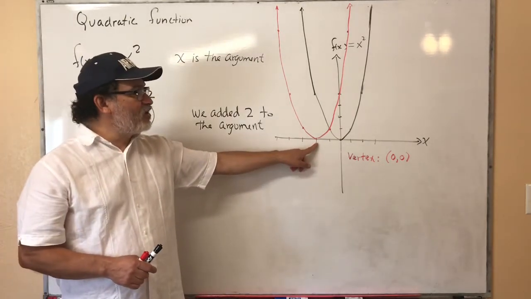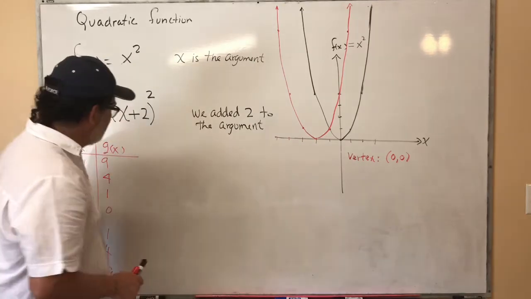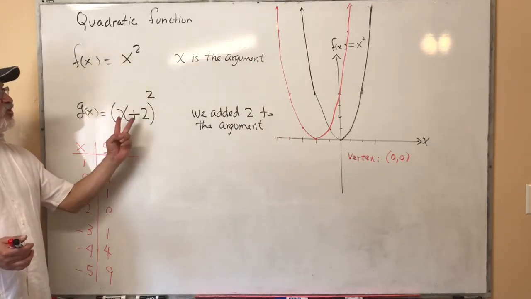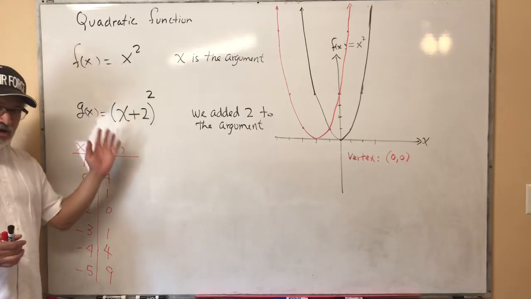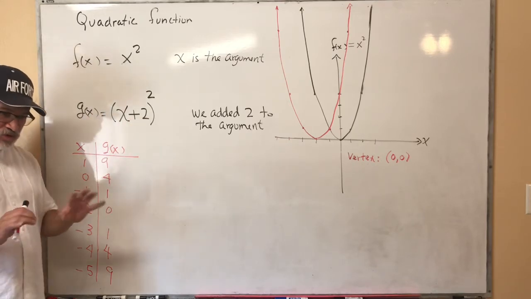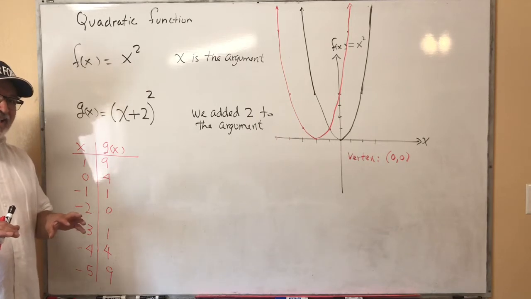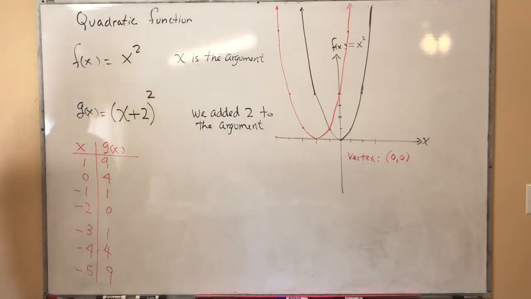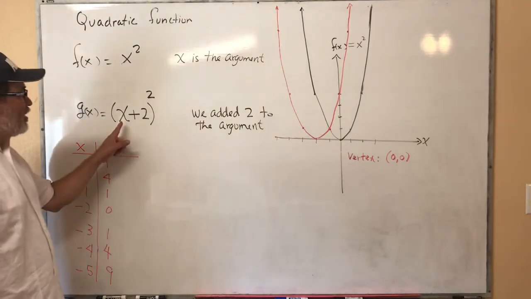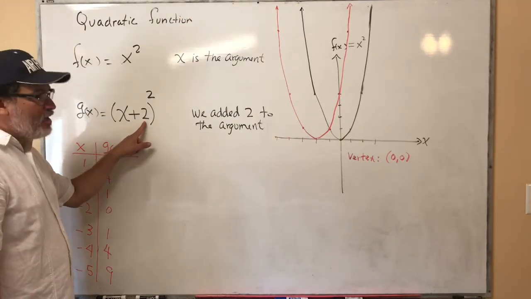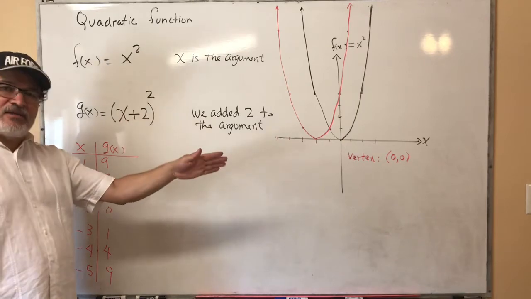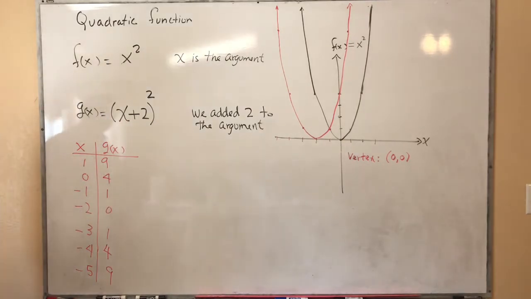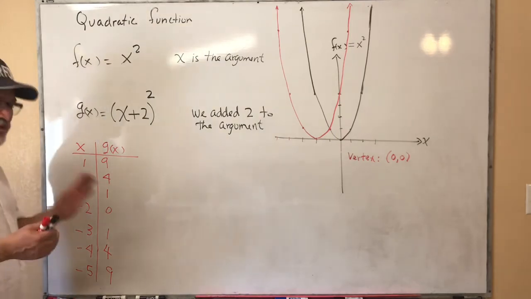We went left. Look. When you add to the argument, it's a horizontal shift in the opposite direction. I bet you if I say x minus 2, it would have moved 2 units to the right. Very good. Now that's adding to the argument.